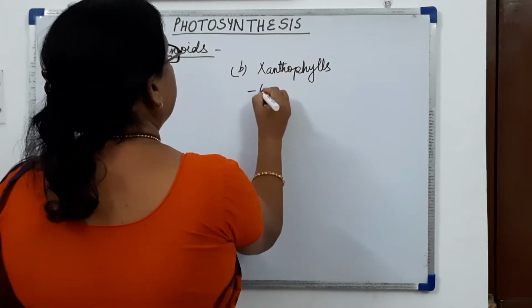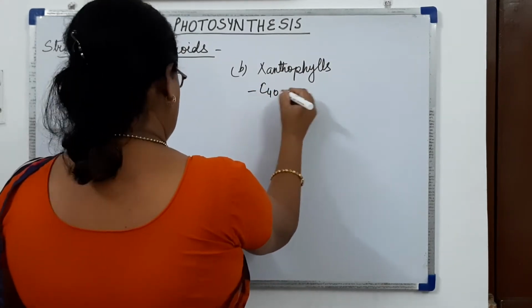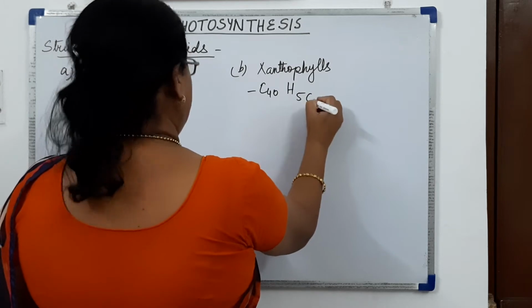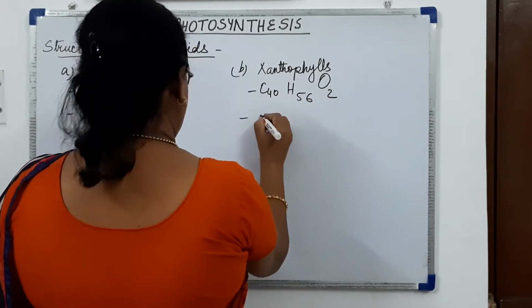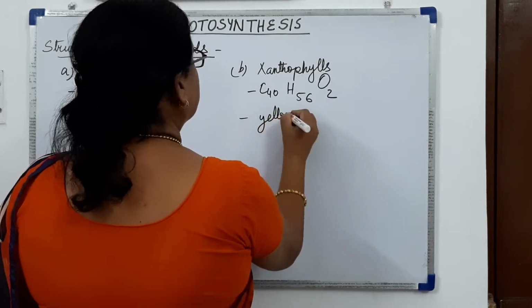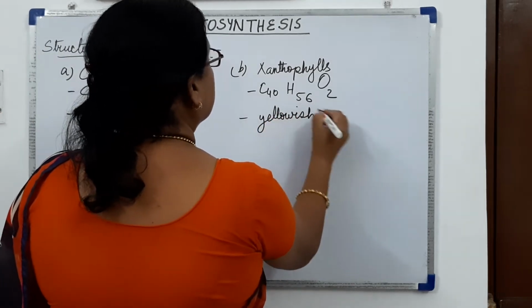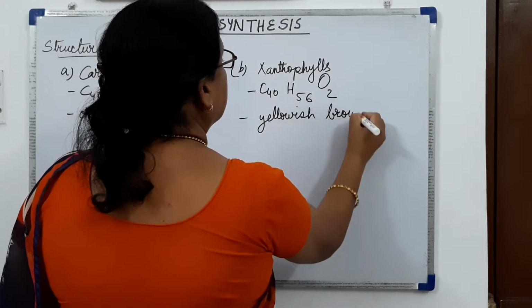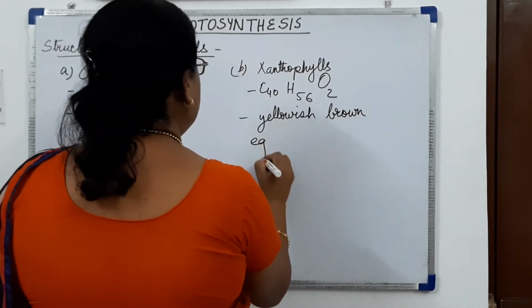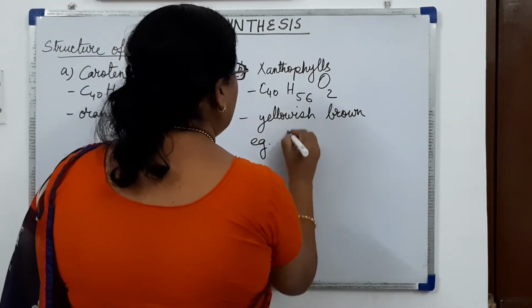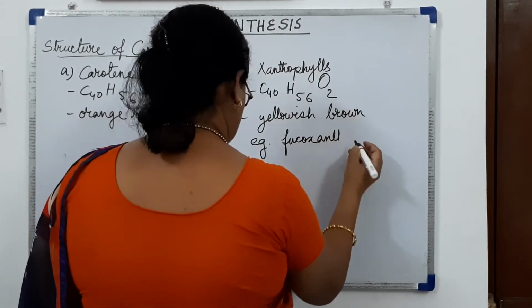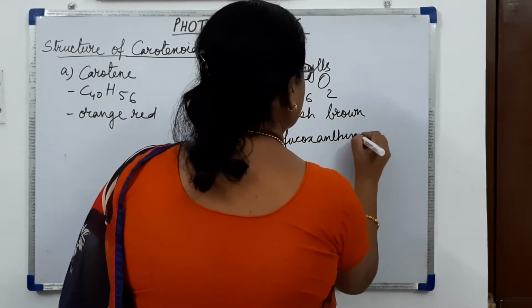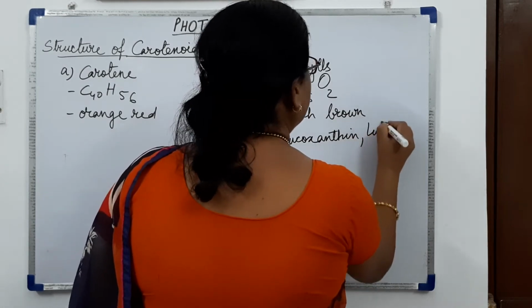The formula is C40H56O2. They appear yellowish brown. Examples are fucoxanthin and lutein.